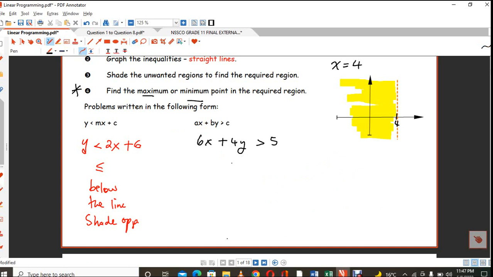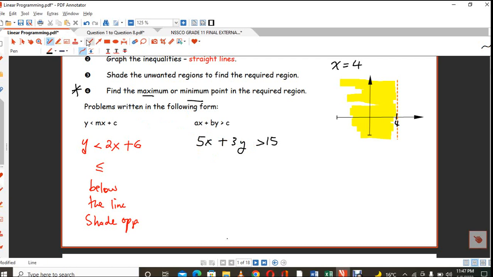Sometimes they say you make y the subject of the formula, but in this case you don't really need to do that. If you were to draw such a line, let me just say I make that 15. I'm just going to change this so that the story makes a little bit of sense. And let's suppose this is 5x, and let's suppose that's 3y, and you were supposed to draw something like that.